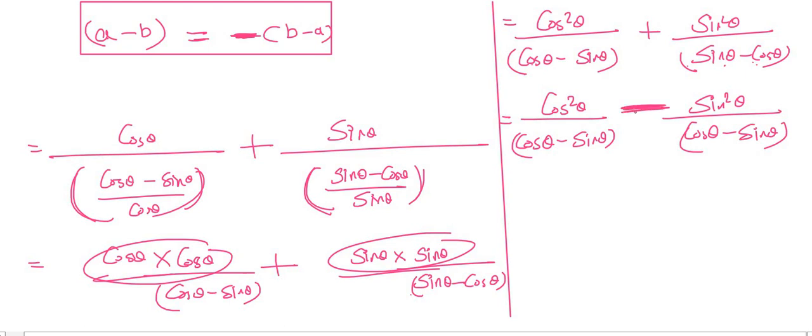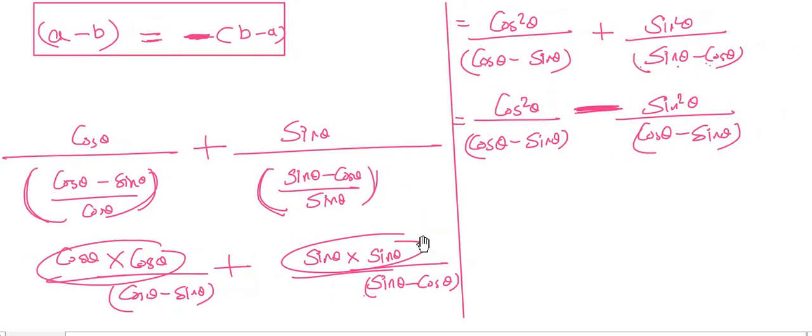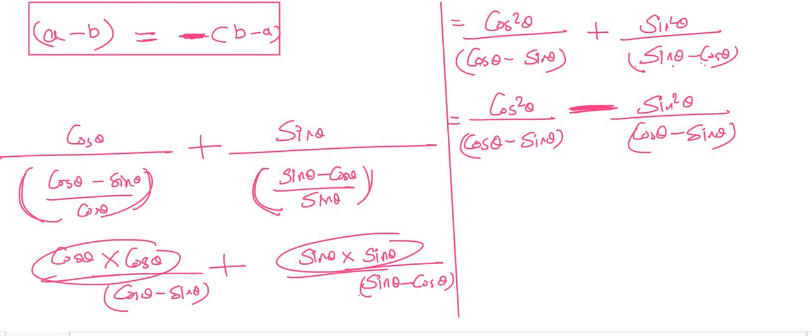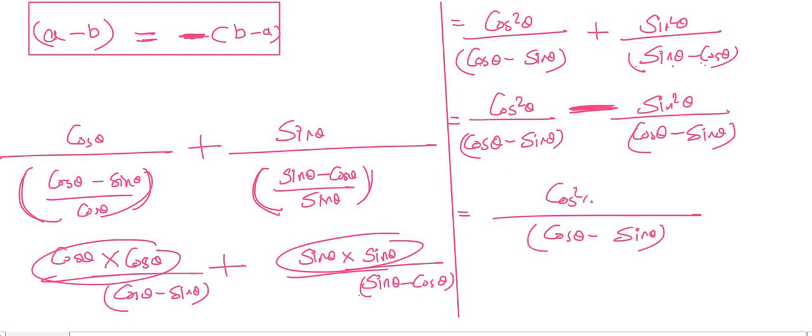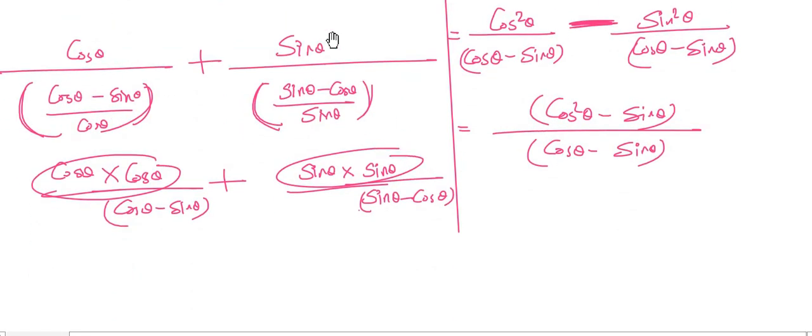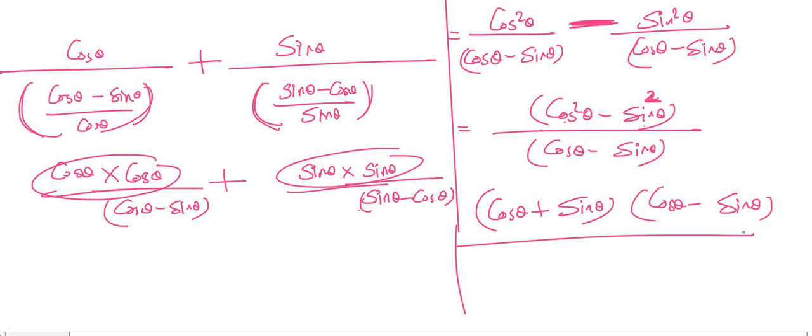Now we are able to see that the denominator is the same, which we can take common: cos minus sin. And on top, what is there? Cos square minus sin square. We can factorize it. What are the factors of cos square minus sin square? Cos theta plus sin theta into cos minus sin, correct?